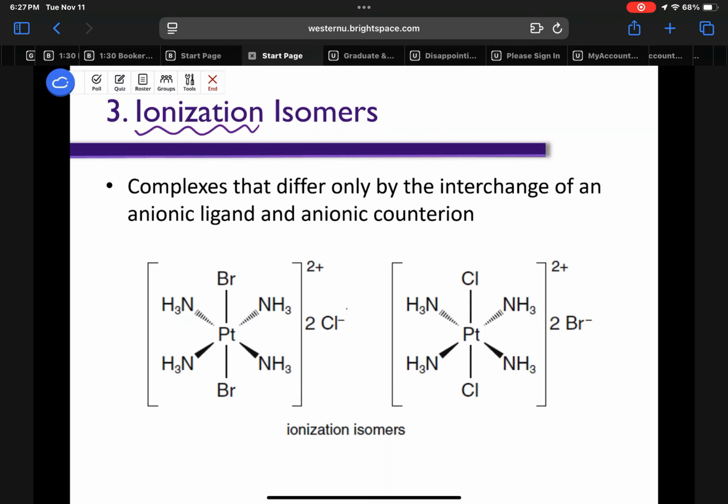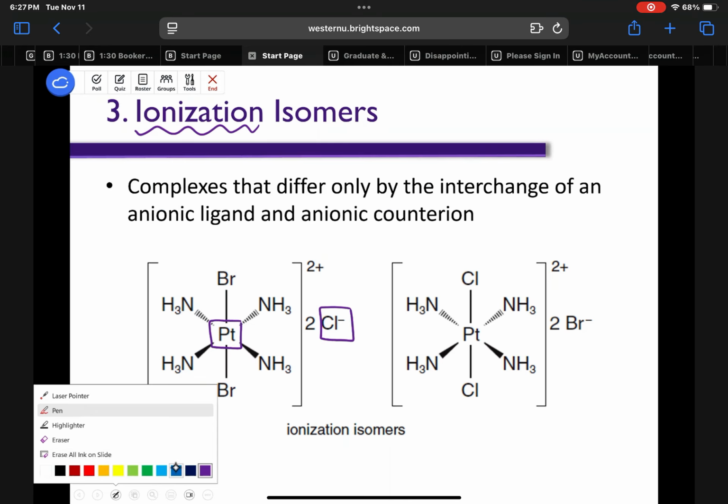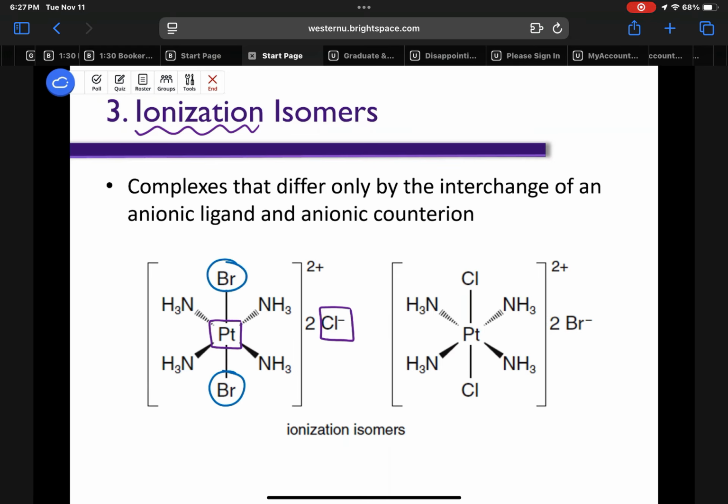In the one on the left, we have a coordination complex with platinum, and bromide, or bromido, is the ligand in the complex on the left. We also have 4 amine ligands, but we don't really care about those at this moment.